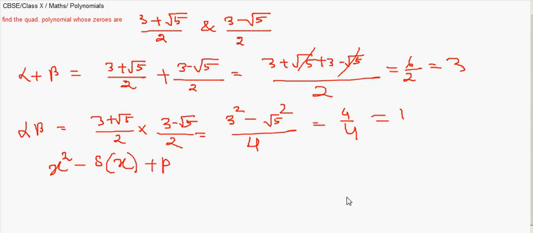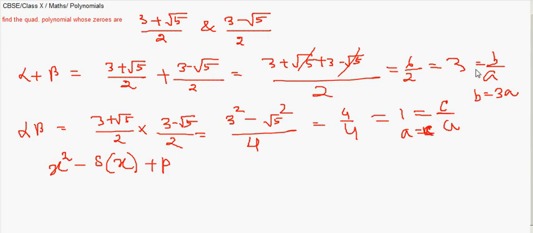Either you remember this, or you have to find that minus b by a is the sum and c by a is the product. That means a is equal to c, and b is equal to minus 3a. So c by a is 1 and b equals minus 3a.